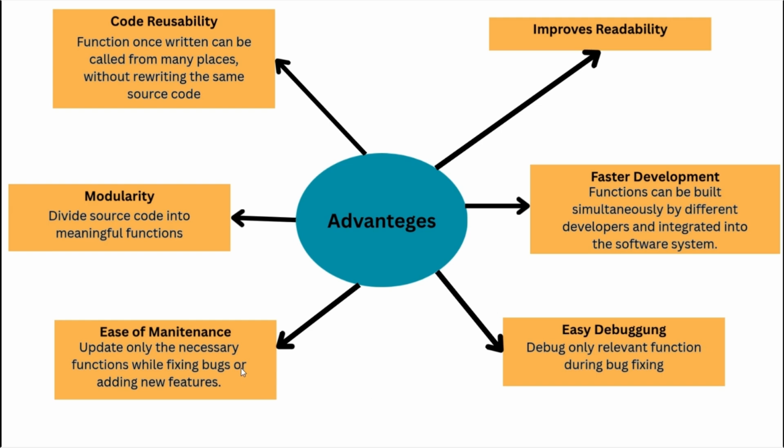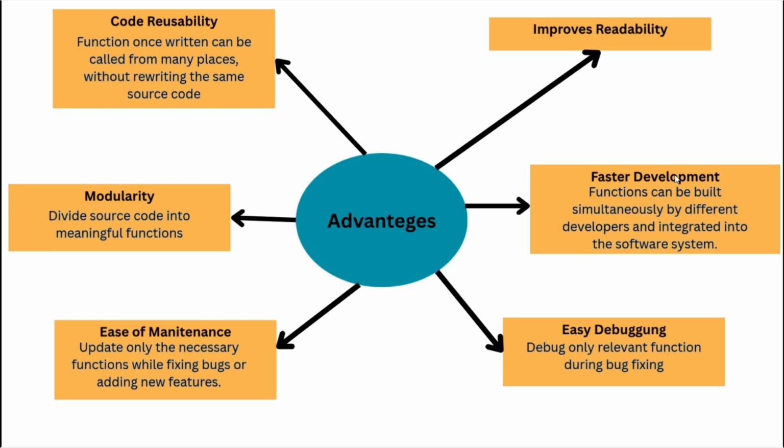So how it works: when you break your code into functions, whenever a bug or enhancement comes, you can change or debug only the specific function instead of going through all the code.